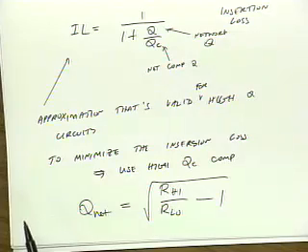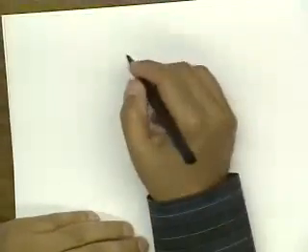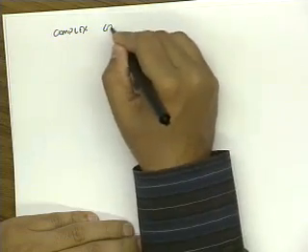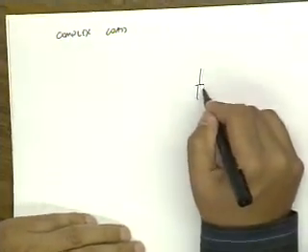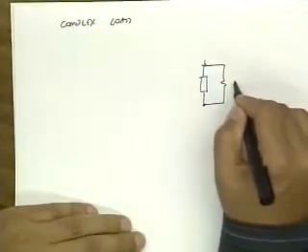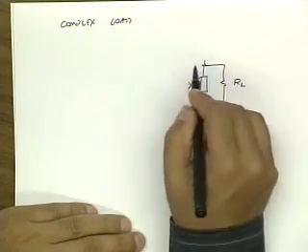Now, you might also notice that up to now we have only dealt with real loads and real sources. So what if I have a complex load or a complex source? How do I handle that? Let's say that in addition to having some RL, I also have some XL.